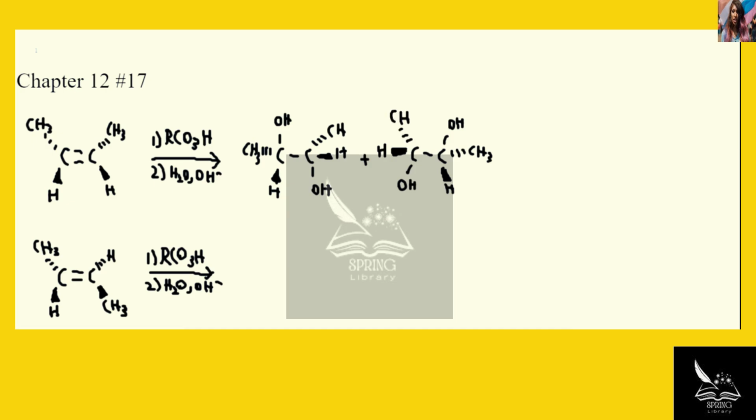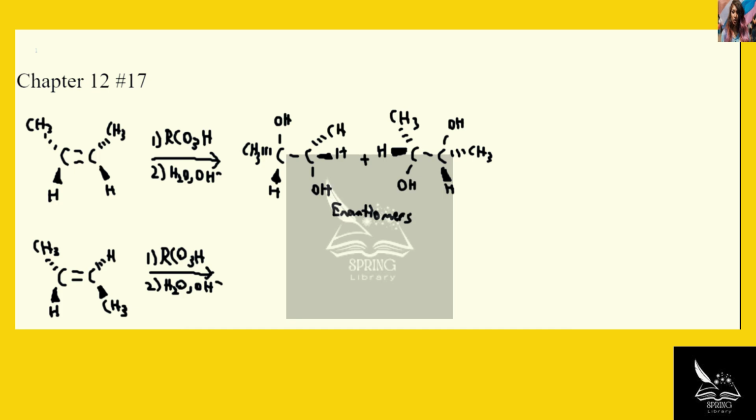Okay, and so the stereo relationship that these two molecules have with one another is that these are enantiomers. So when we do an anti-dihydroxylation on cis-2-butene, we end up with this pair of enantiomers.